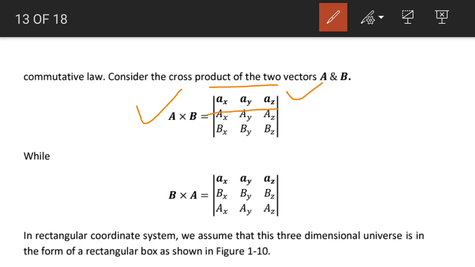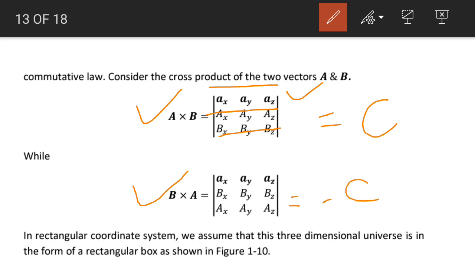In the second row, we have the x component of A, the y component of A, and the z component of A. In the third row, we have the x component of B, the y component of B, and the z component of B. If we expand this determinant, the expansion results in the resultant vector, which is represented by C. If you want to calculate B cross A, you will have to interchange the last two rows of this determinant. You can expand this determinant, and it will give you minus C.